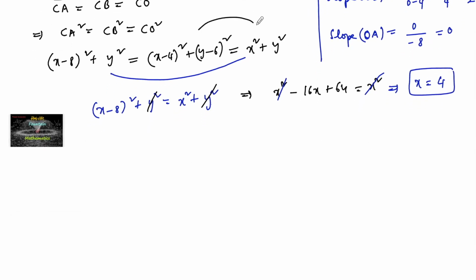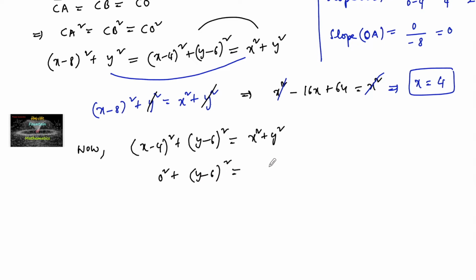Now from the second and third, (x minus 4) whole square plus (y minus 6) whole square is equal to x square plus y square. So let us substitute x is equal to 4: 4 minus 4 is 0, and (y minus 6) whole square is equal to 4 square, that is 16, plus y square.